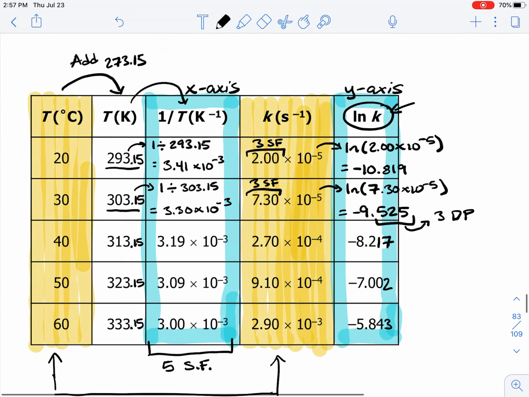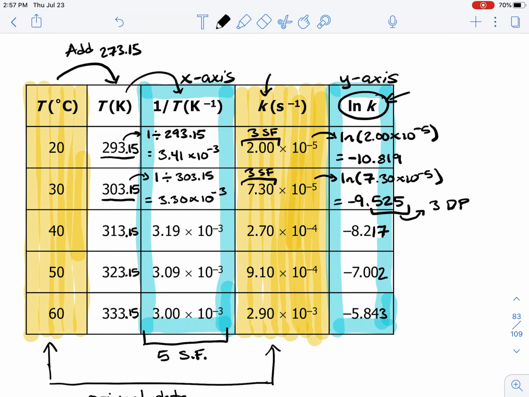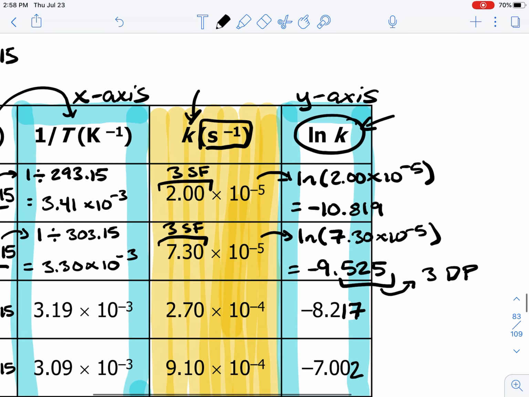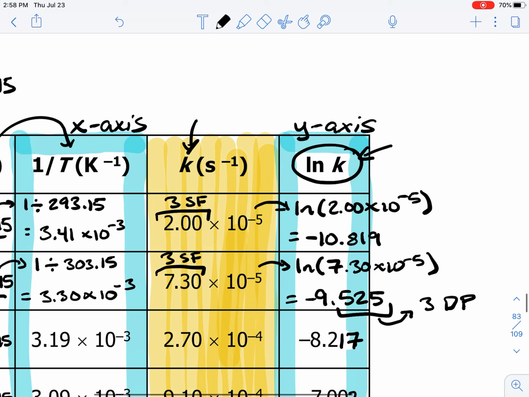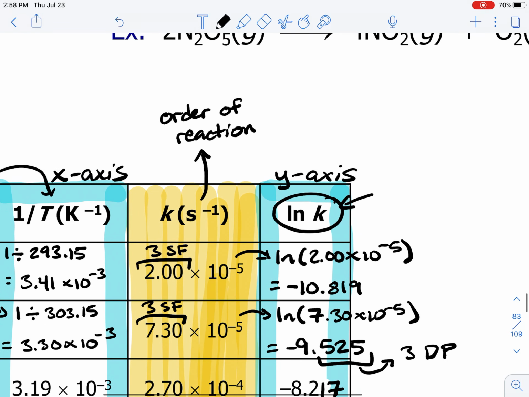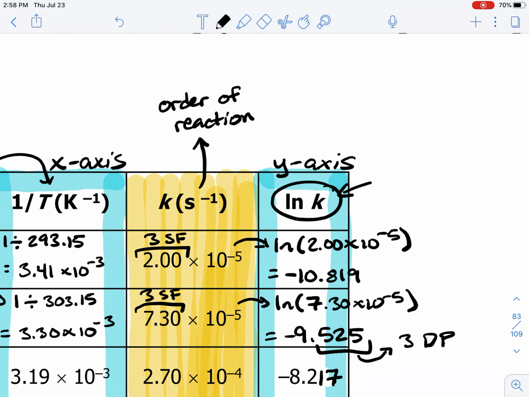And so I want you guys to look at the units of k from the raw data, and notice that it is seconds to the negative 1. In other words, it's per second. And so real quick, just as a way of review, what order of reaction does this describe? So remember in characterizing first, second, and zero order, one way to do that is by looking at the units for the rate constant k.